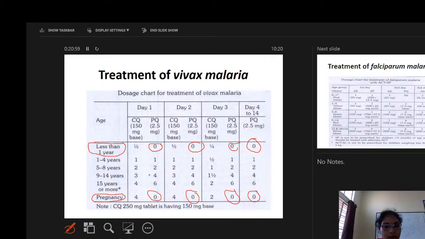So as age increases, we'll be increasing the number of tablets. So for 15 years or more, you'll have to get 4 tablets of chloroquine, and 6 of primaquine tablets, 6 and 6 and 6. Okay, so this is how it goes.